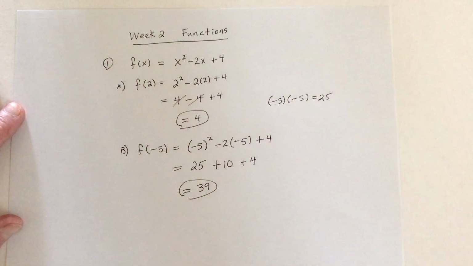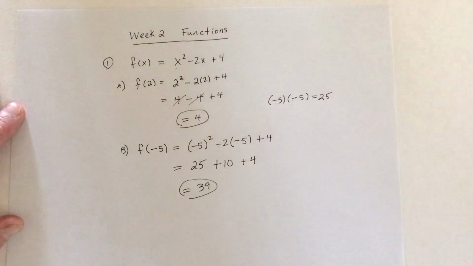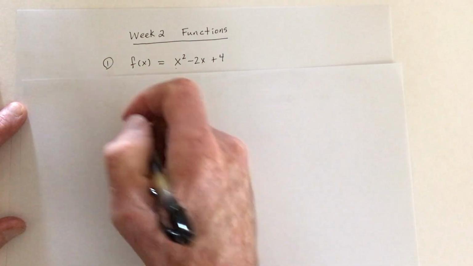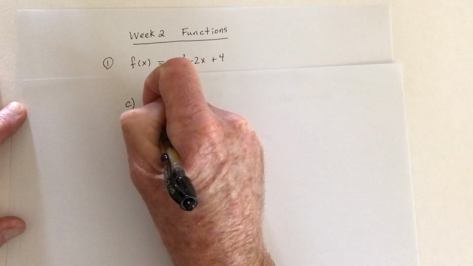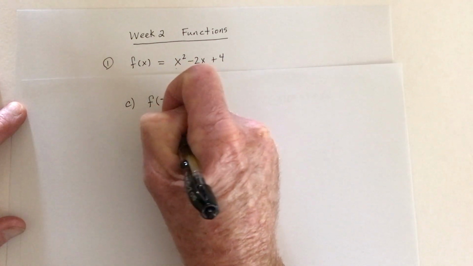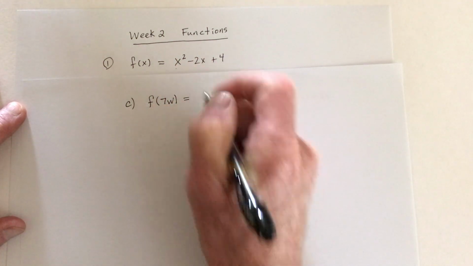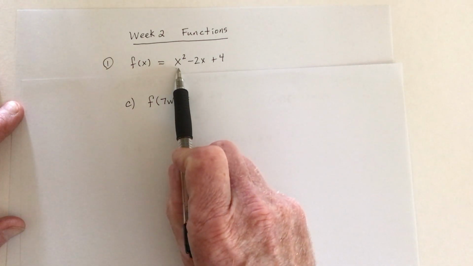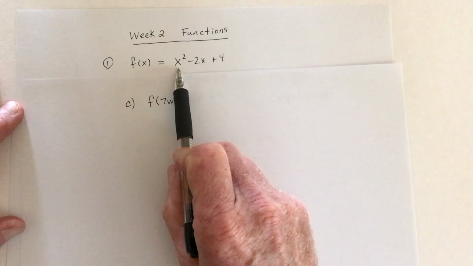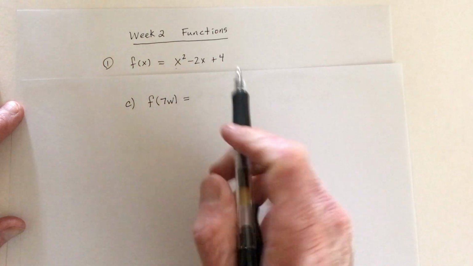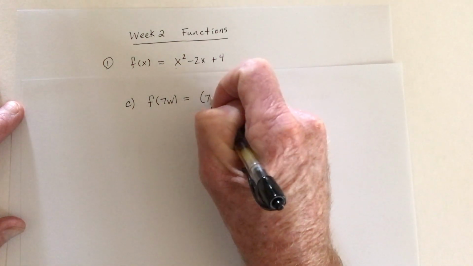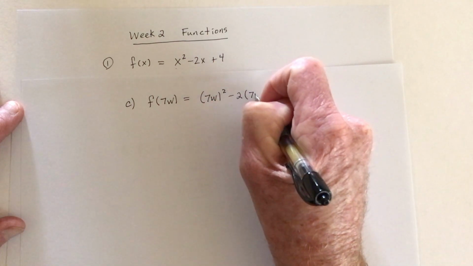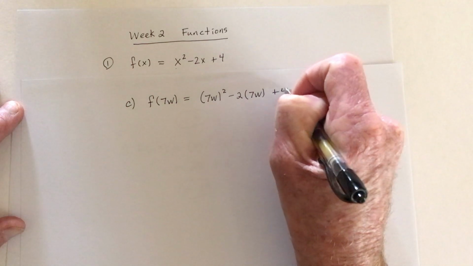So now we're going to use the same function, but substitute something else. So this would be part C. What is f of 7w? So now every place there was an x, put a 7w with parentheses. So a 7w is going to get squared, minus 2 times a 7w, and then plus a 4.